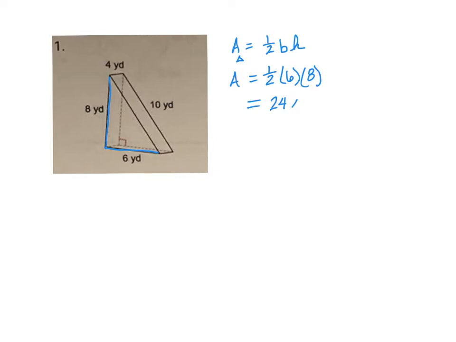But then I'm going to multiply that by 2, so I'm going to get 48 here. I want to remember that the units here were yards, and a yard times a yard is a yard squared. That calculation accounts for 2 of the faces of this prism.